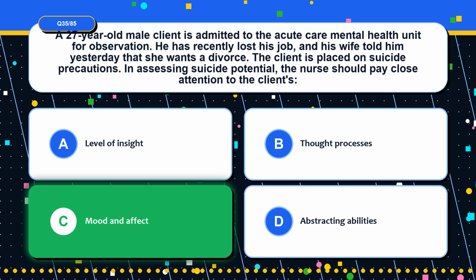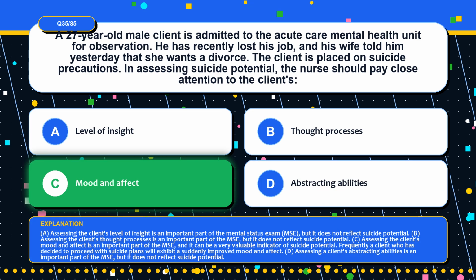The correct answer is option C, mood and affect. Assessing the client's level of insight is an important part of the mental status exam (MSE), but it does not reflect suicide potential. Assessing the client's thought processes is an important part of the MSE, but it does not reflect suicide potential.